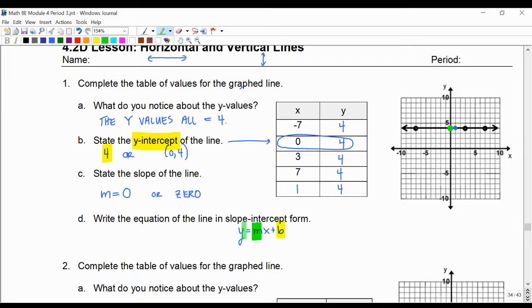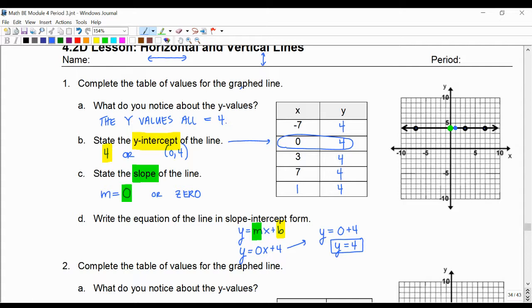And my m, which is my slope, is there. So I have y equals 0x plus 4, which simplifies to y equals 0 times x is 0, plus 4, a final answer of just y equals 4. Which kind of makes sense because all the y values for this line are 4.